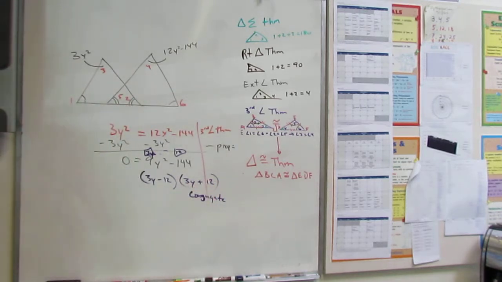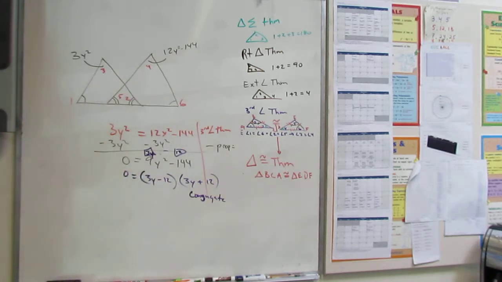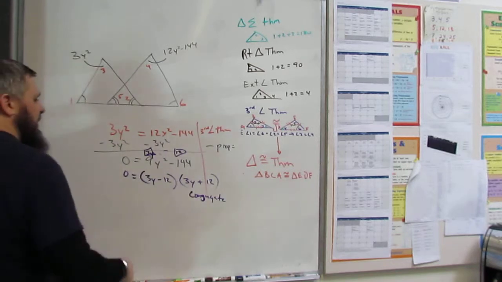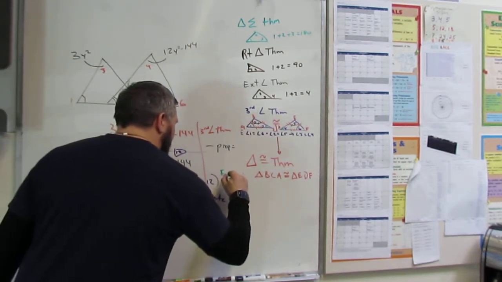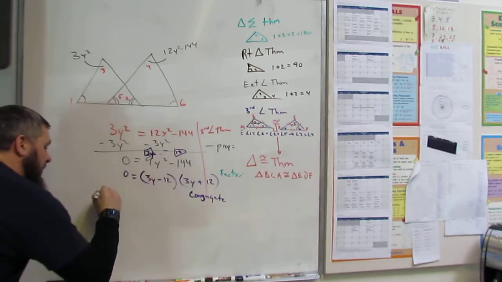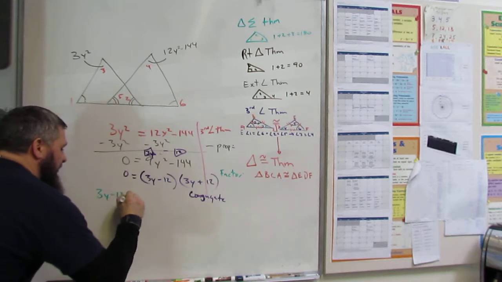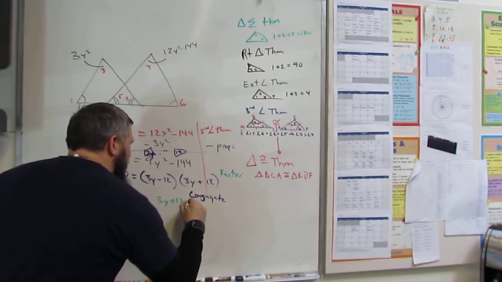It's going to equal 0, and then I'm going to set each factor equal to 0. So this is the zero product property. We factor, and then we say 3y minus 12 equals 0, and 3y plus 12 equals 0.